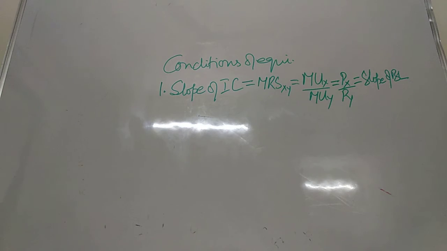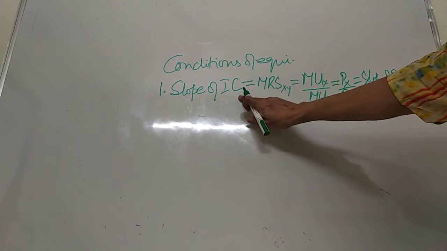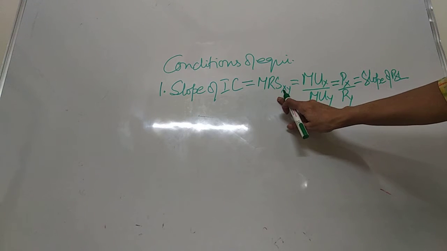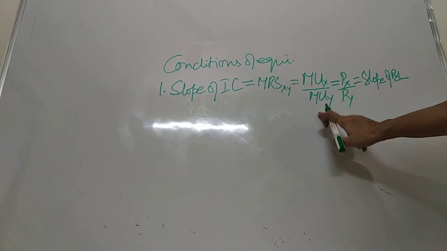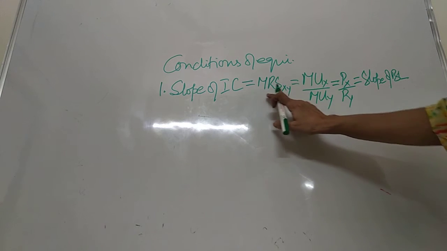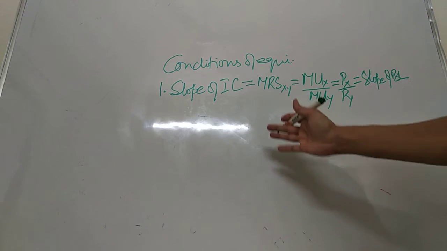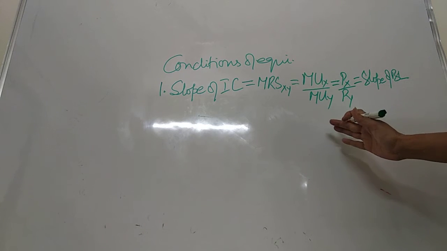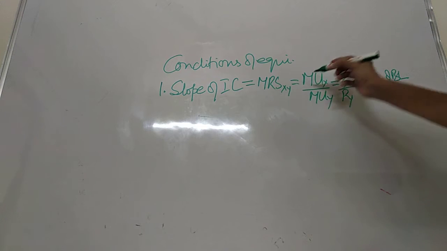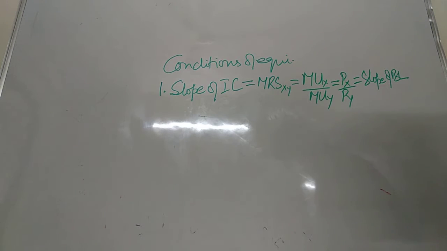The slope of IC, which is nothing but MRSXY, is equal to MUX upon MUY. So MUX upon MUY is actually the formula for MRSXY, right? So don't get confused about where this comes from. MRSXY is measured as MUX upon MUY.